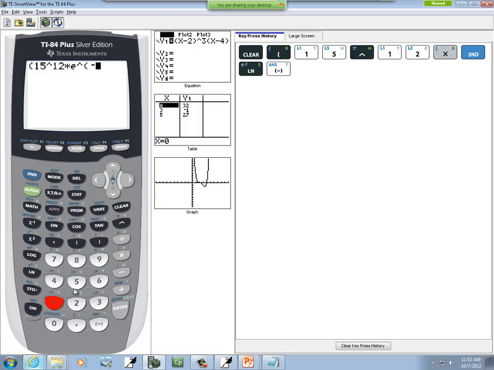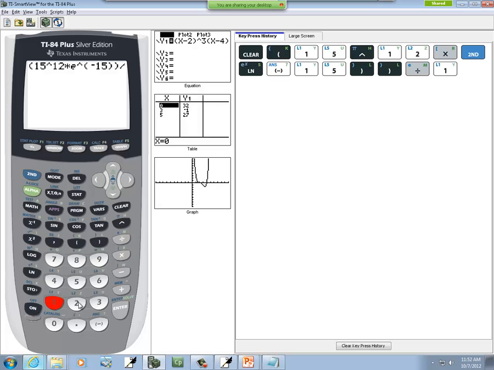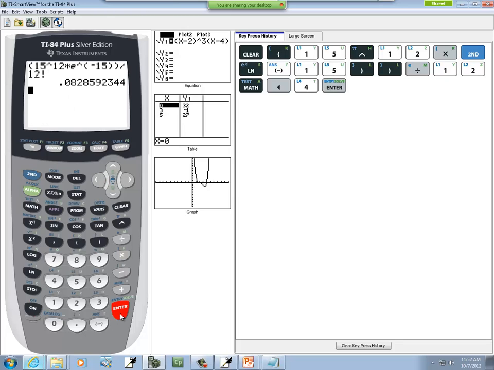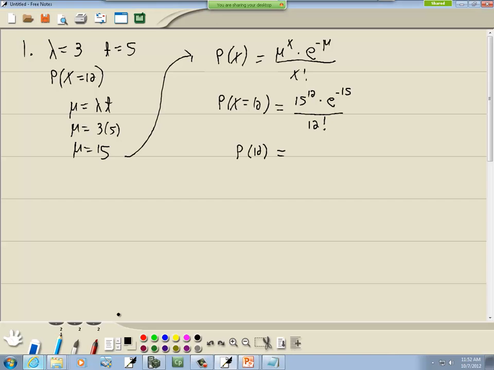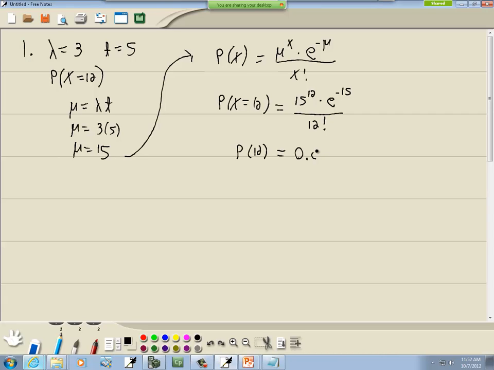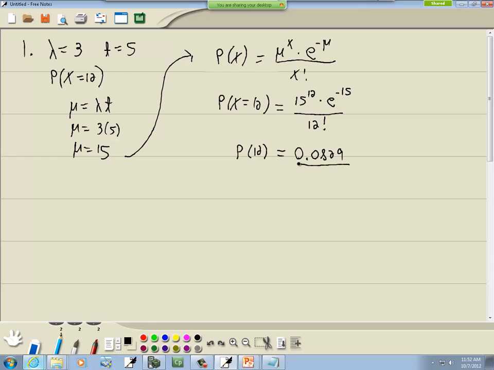Then negative 15. Closing parenthesis on the e, closing parenthesis on top of the fraction. Divided by 12 factorial. So 12, and then I'll do math, left arrow over to PRB and choose number 4 for the factorial. And then enter. And we get 0.0829, rounding to 4 decimal places.